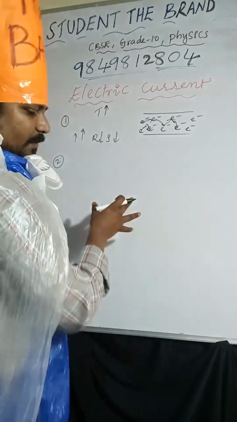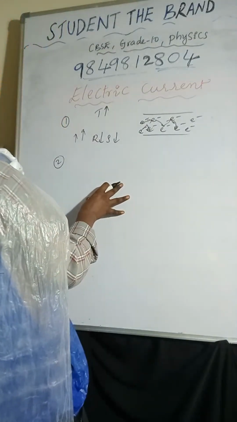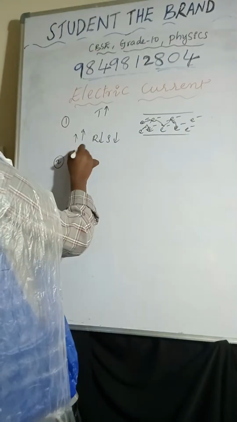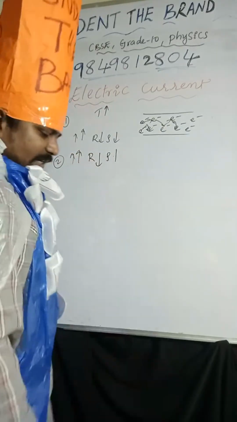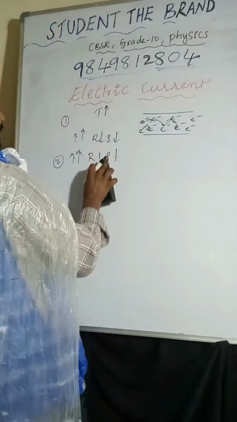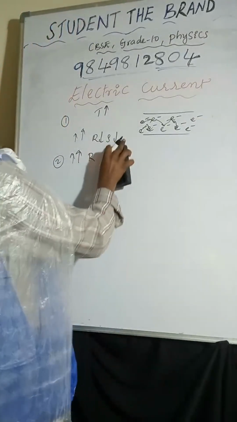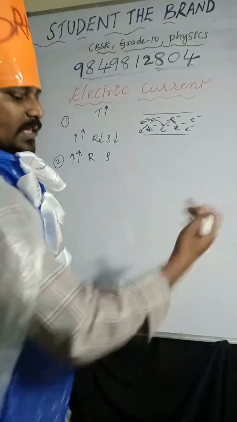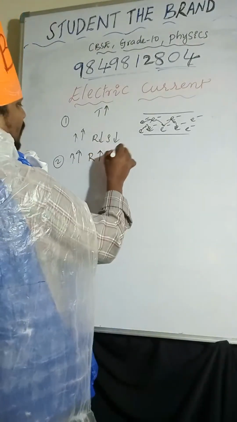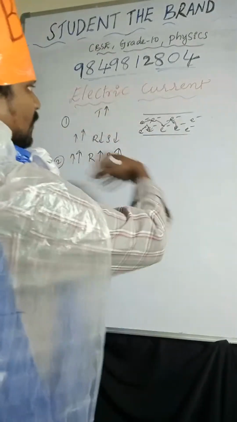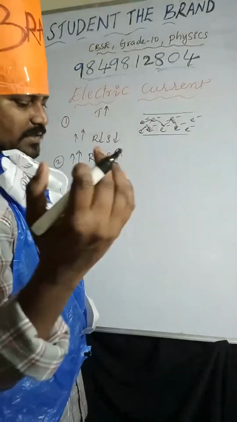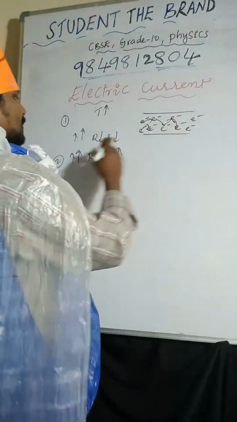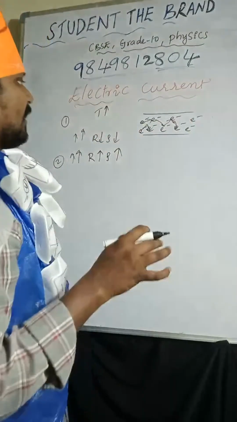When temperature increases, resistance and resistivity also increase. So collisions will take place, then resistance increases. Electrons will not move forward. In that place only, bombardment and collisions keep on taking place. By that reason, resistance and resistivity increase.